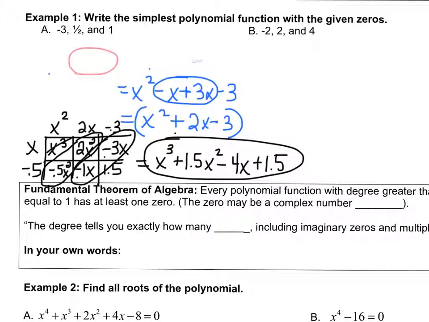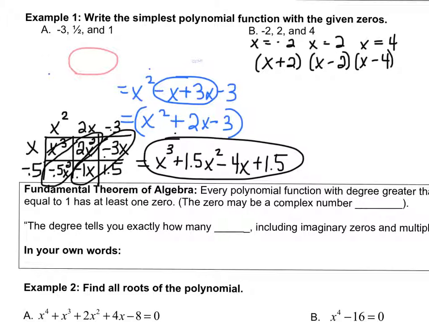You can always choose to multiply the factors in any order you want. So the zeros in example B are -2, 2, and 4, which means the factors would be x plus 2, x minus 2, and x minus 4.